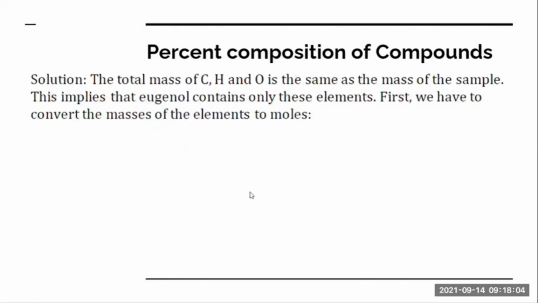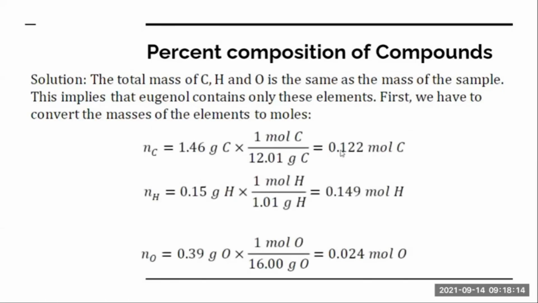So, solution. The total mass of carbon, hydrogen, and oxygen is the same as the mass of the sample. This implies that eugenol contains only these elements. So first we have to convert the masses of the elements to moles. Again, we are given 1.46 grams of carbon, 0.15 grams of hydrogen, and 0.39 grams of oxygen.